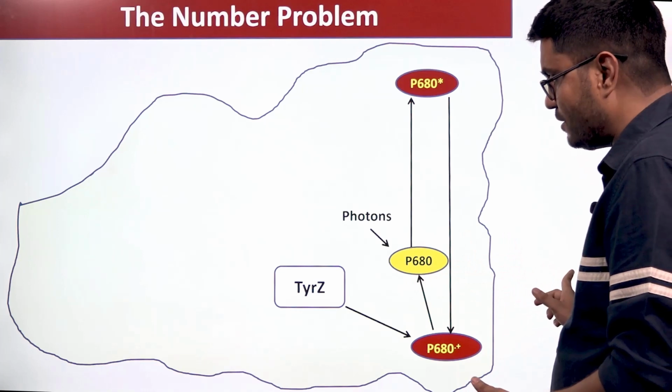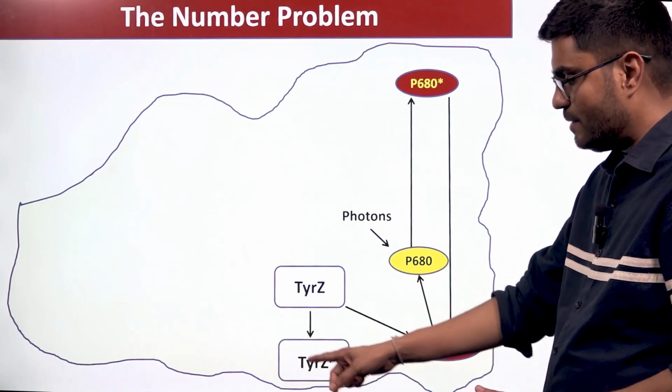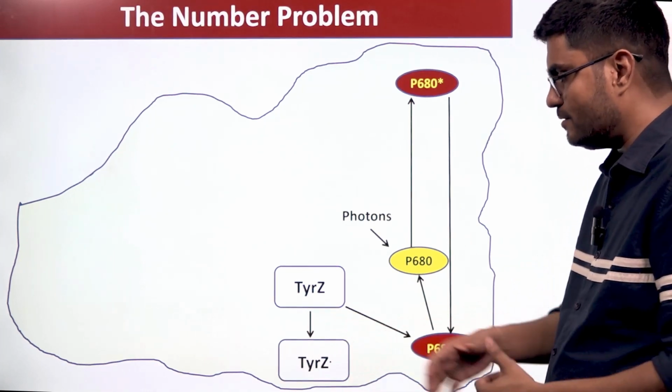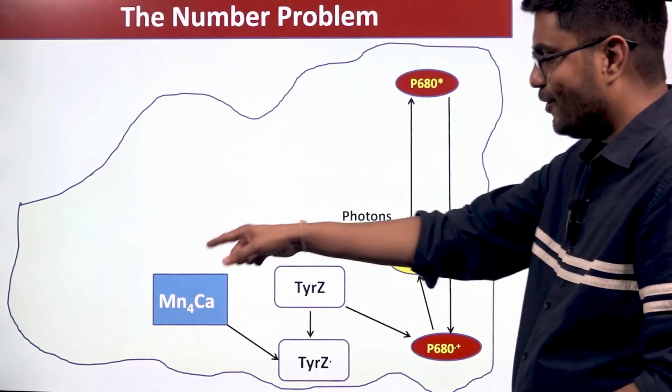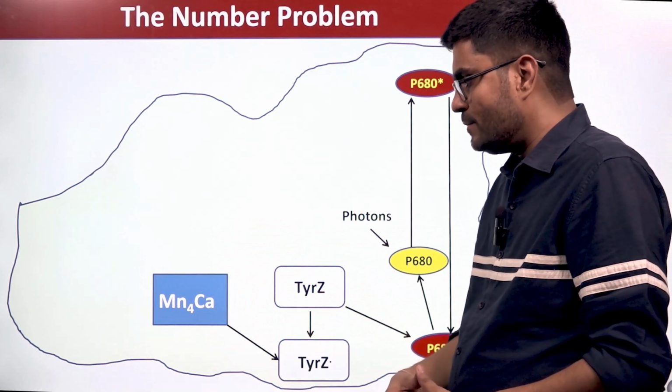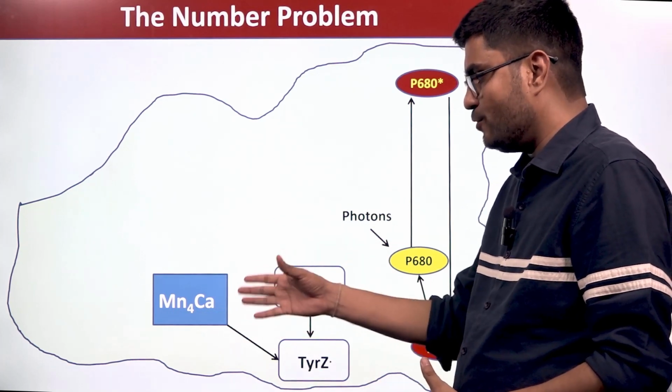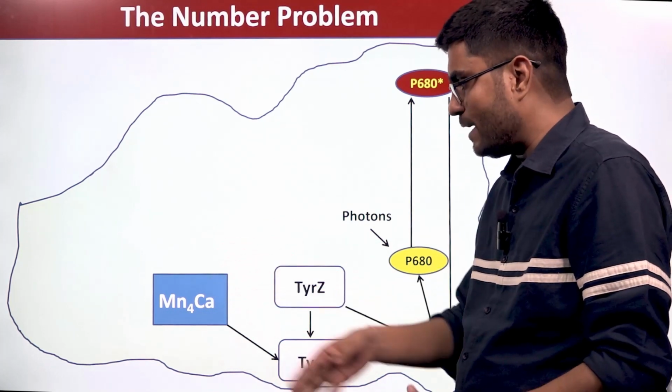After giving this electron, tyrosine Z becomes the tyrosine Z radical, and this radical is not taking an electron from water but from a complex of manganese 4 calcium. So there are 4 manganese.